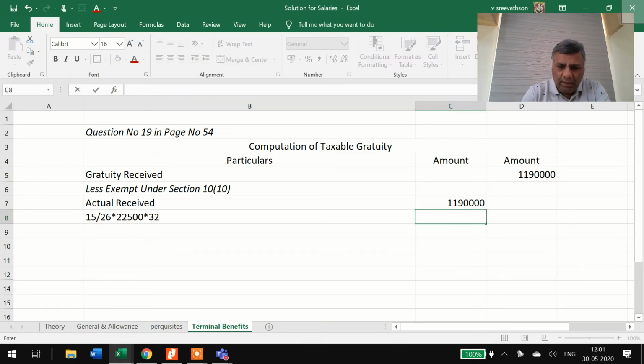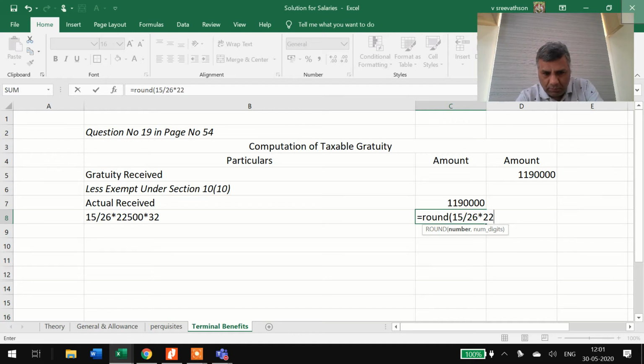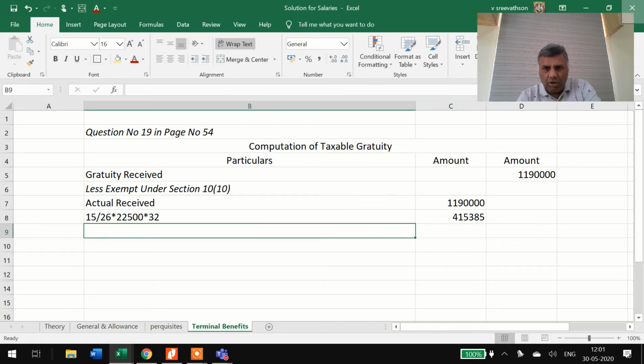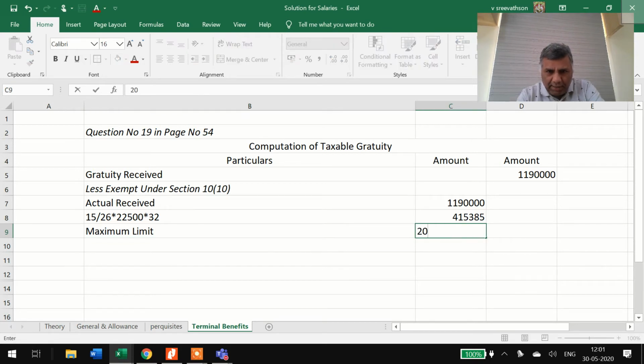Okay. 4,15,385. 415,385. Maximum limit 20 lakhs.